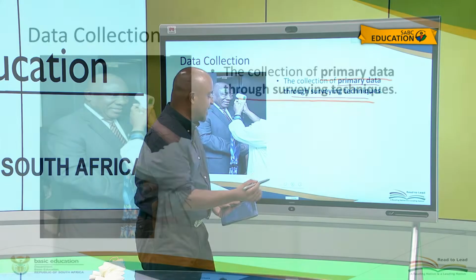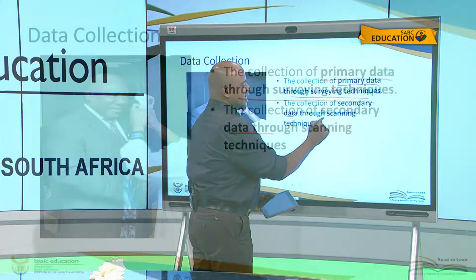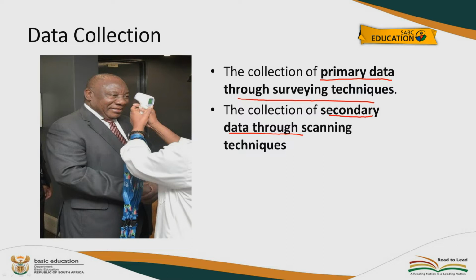You can also collect data in the form of secondary data. Remember, the secondary data is scanning techniques. So the key words to remember in this is when it comes to primary data, you use surveying techniques. When it comes to secondary data, you use scanning techniques.